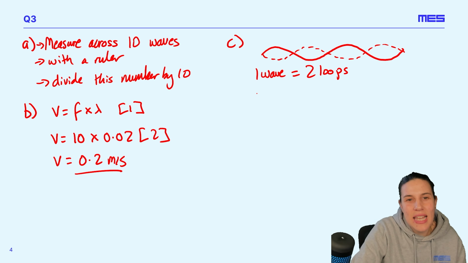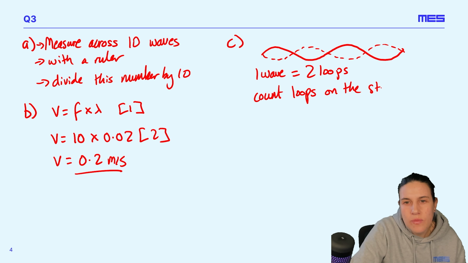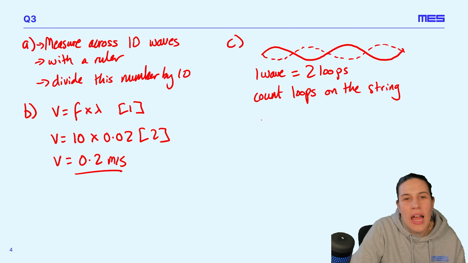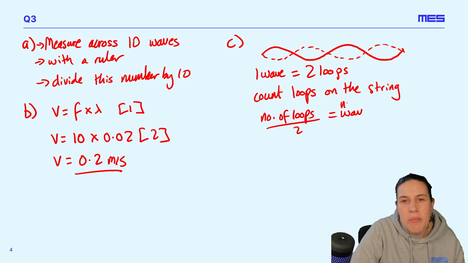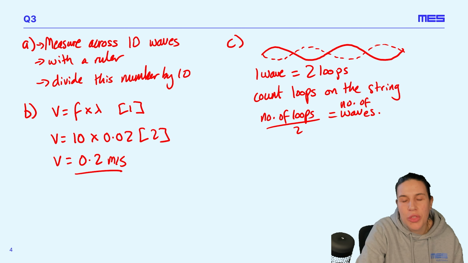So we're going to say that they need to count the loops on the string, and then they need to do the number of loops divided by 2 to find the number of waves. Okay, so here there'll be 1, 2, 3, 4 loops. Divide it by 2, so that means that there are 2 waves.